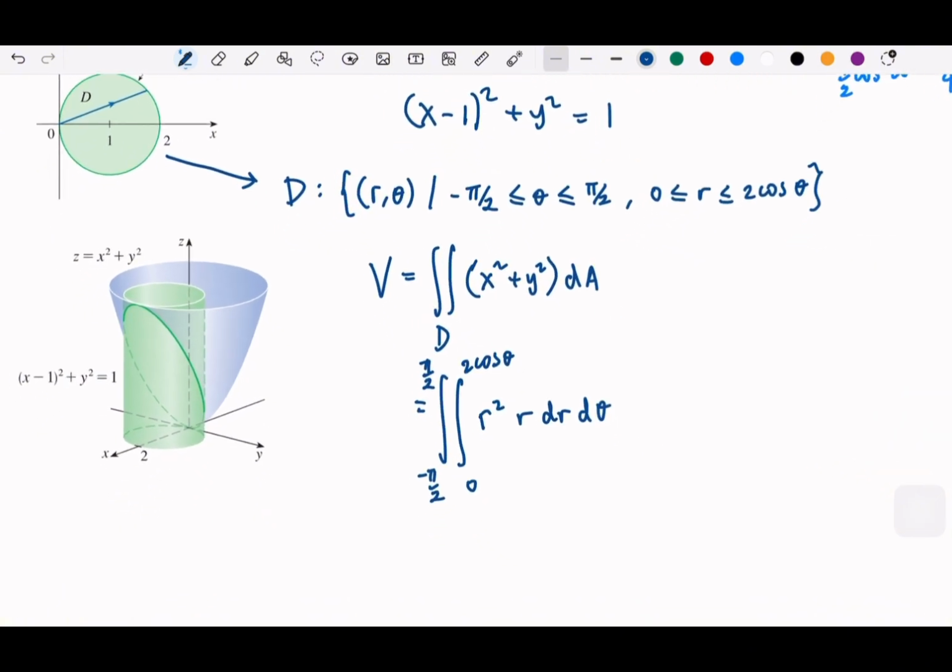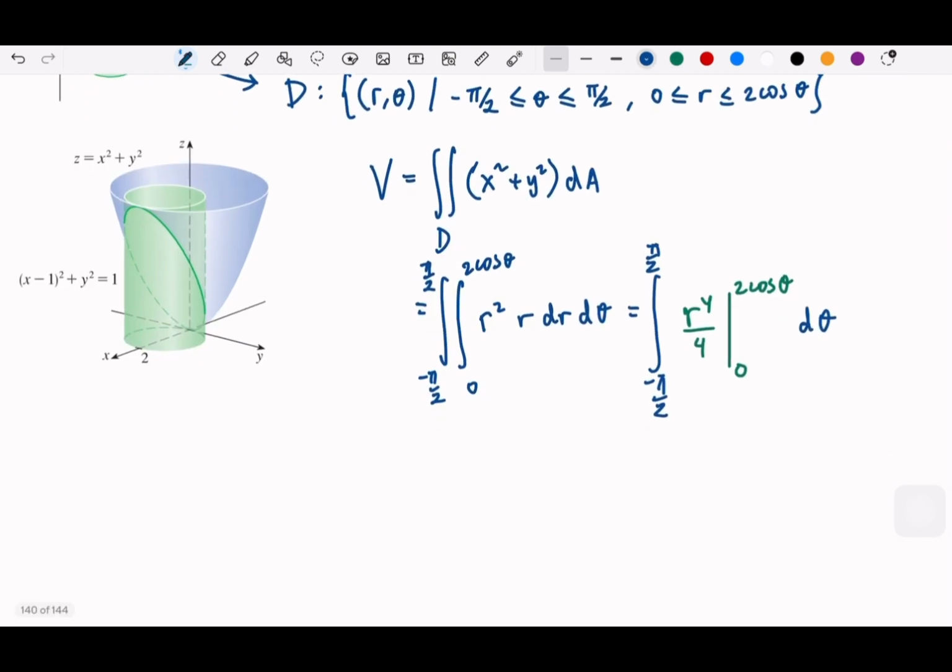And then we slowly solve the inside of the integration. We will have 1 over 4 r to the power of 4, and then let me write with a different color. And plug in all of this, and then we still have the theta to be computed.